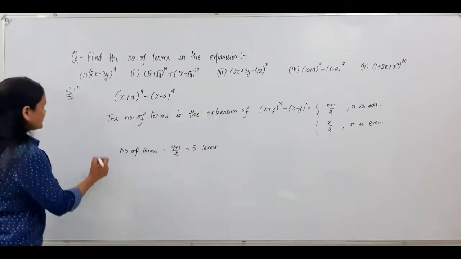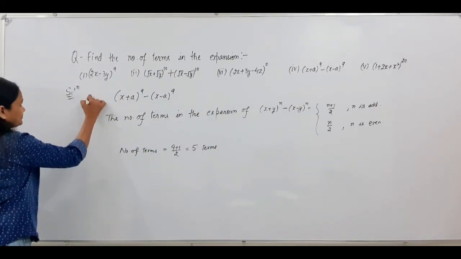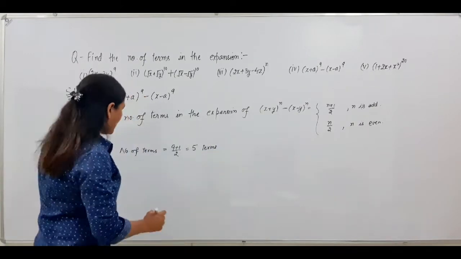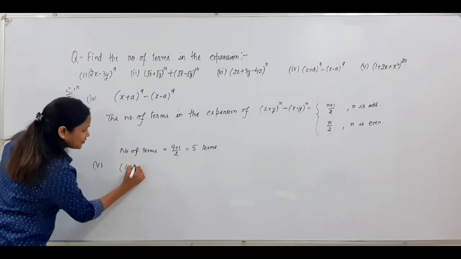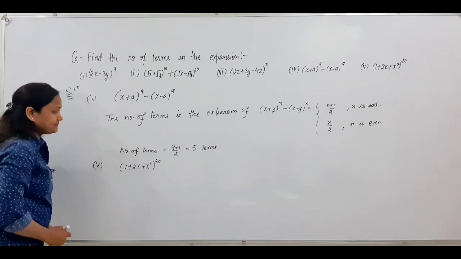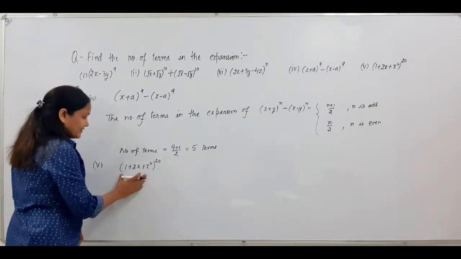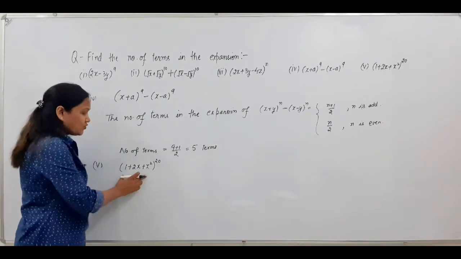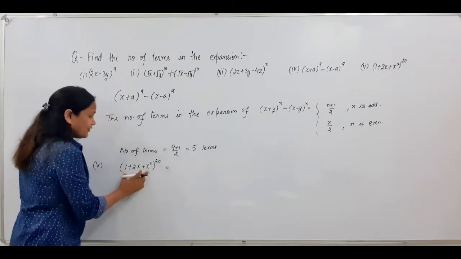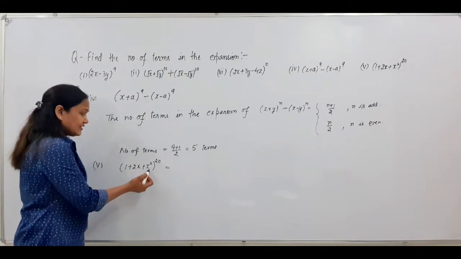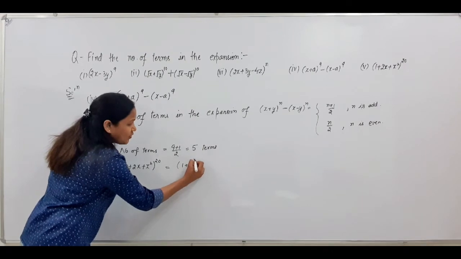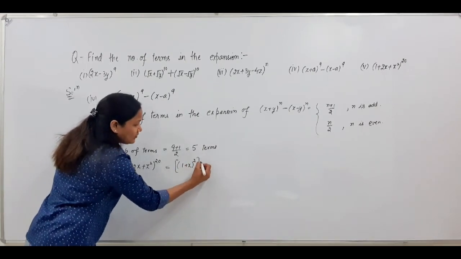Now take the last one. Fifth question is you have to find the number of terms in the expansion of (1 + 2x + x²)^20. Now practically this is a trinomial, so you have to convert it into a binomial. So let's try to factorize it. You can see x² + 1 + 2x will become (1 + x) whole squared, and the whole power 20.